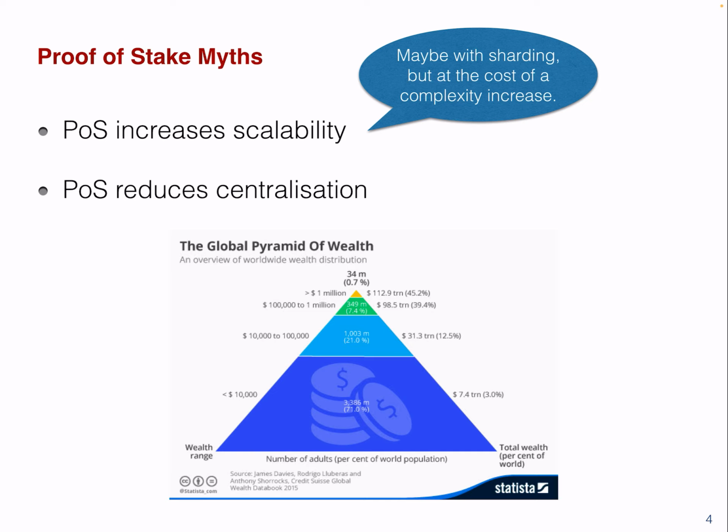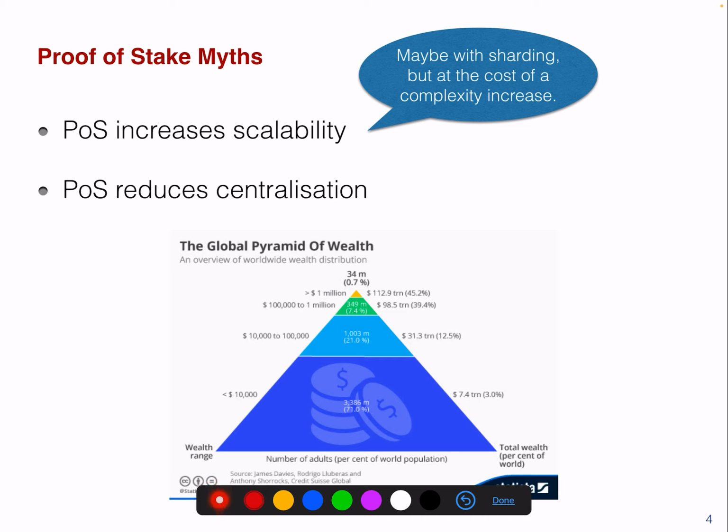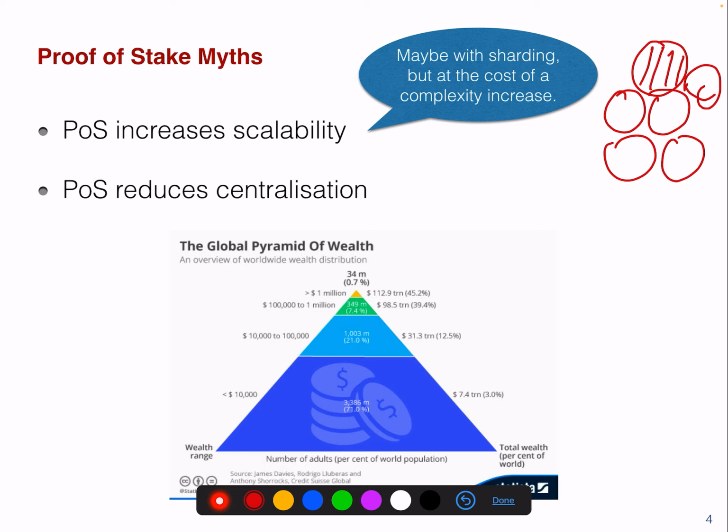So maybe if proof of stake is combined with sharding, where you create multiple partitions and reach consensus first within each partition, and then later you communicate cross shard, maybe this does help in the throughput of these blockchains. But this also introduces quite a lot of overhead, because you have to have cross-shard communication, which is an overhead. Not impossible, but an overhead.